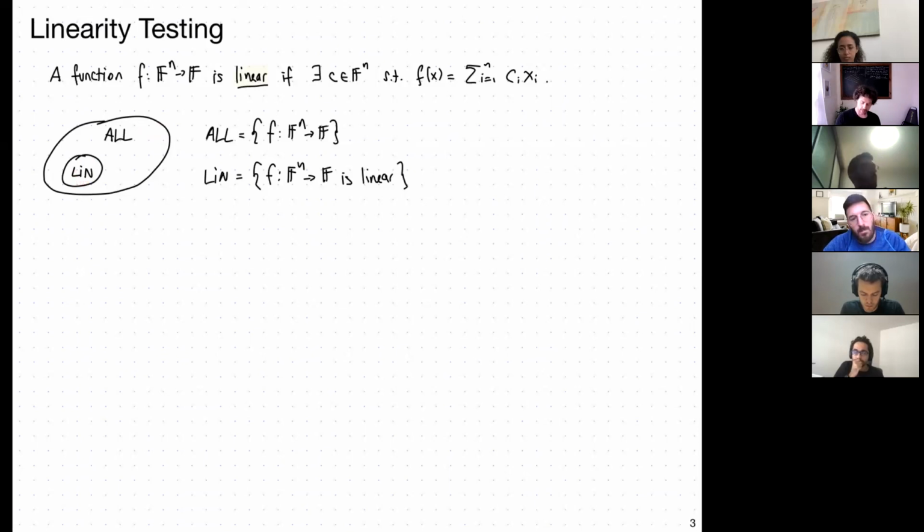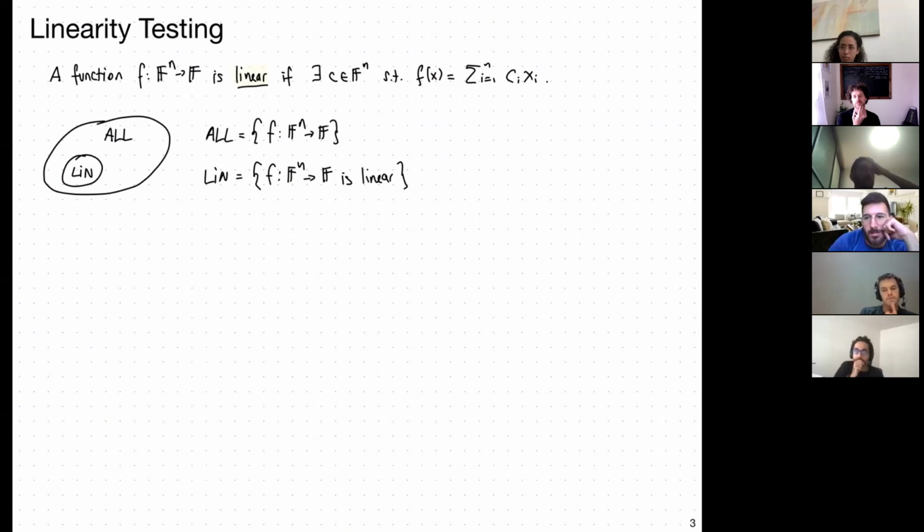Okay, so the first observation that we can ask ourselves is, what is the proportion of linear functions among all functions? So can anyone tell me how many functions we have on a finite field? Suppose that you have this finite field of size |F|, and it's in n variables. What is the total number of functions that you can define?